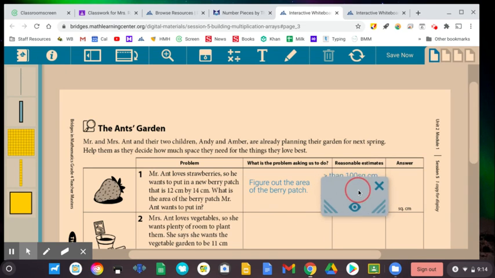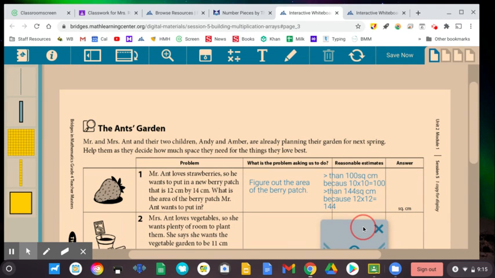Okay, so maybe some of you thought of this, that it's got to be greater than 100 square centimeters, because 10 times 10 equals 100. Okay, so we know it has to be greater than 100. So that's a reasonable estimate. Maybe some of you were thinking that you knew that it had to be 144 square centimeters because 12 times 12 equals 144.